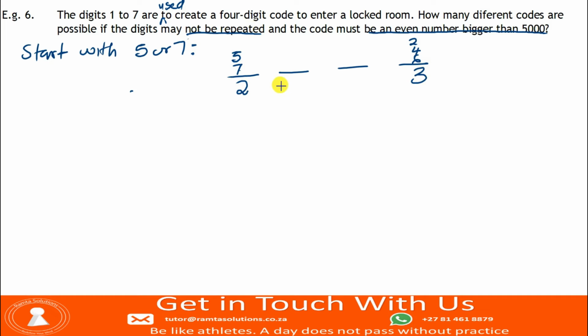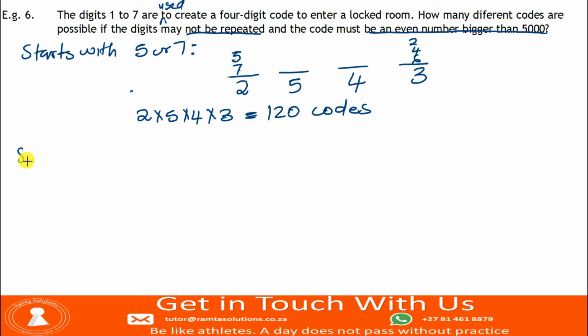That means we are left with 5 for this one here and 4 for this one here. When your number starts with 5 or 7, how many codes are possible? 2 times 5 times 4 times 3, 10, 40, 120. So when your code starts with 5 or 7, you have 120 codes that you can make.